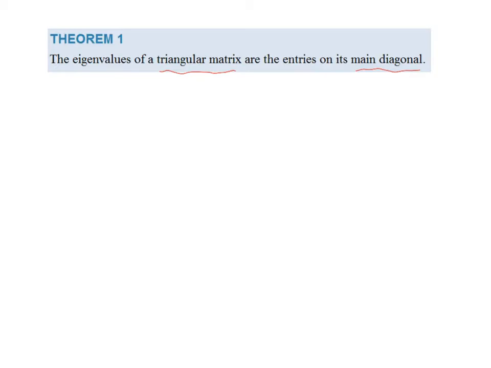Okay, so we're going to go through a proof. For our proof, we're just going to consider a 3x3 case because it's easier to write down, but it generalizes to an n by n matrix without too much difficulty.